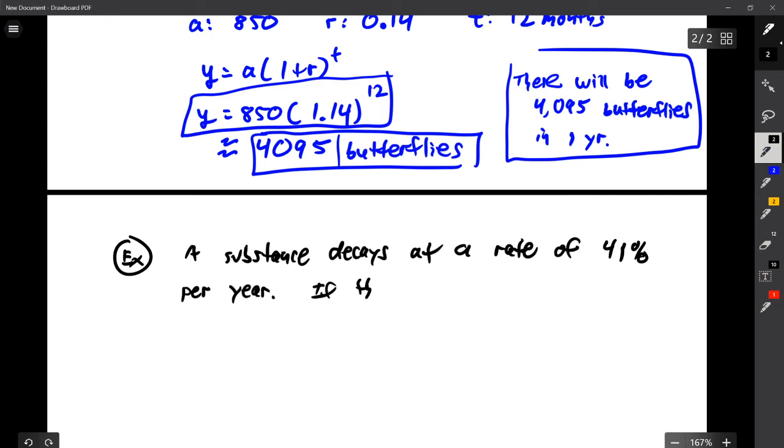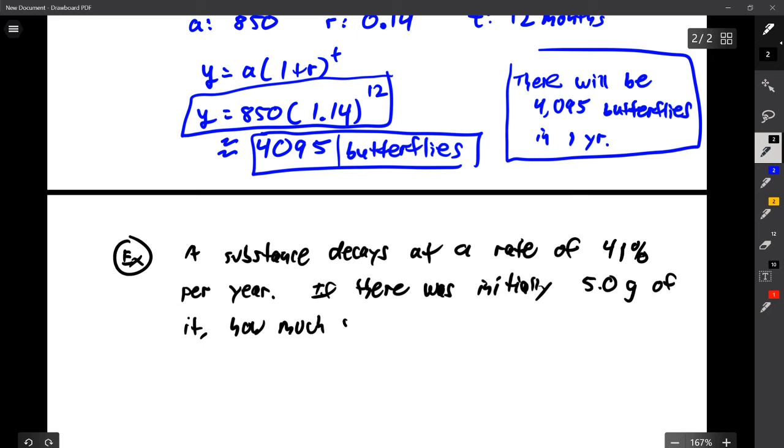If there was initially, let's just say 5.0 grams of it, how much will there be in 7 years?